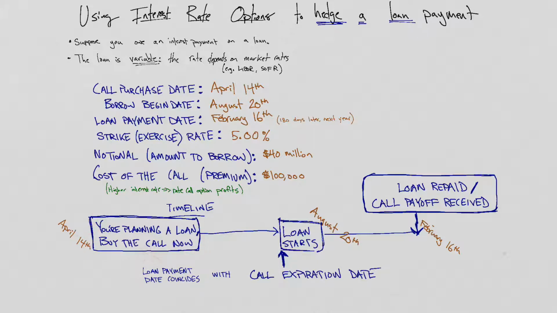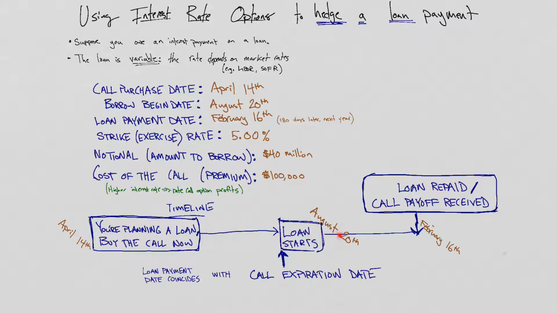And let's say that's April 14th, but you know that your loan doesn't start until August 20th. That's when you're going to select your expiration date. The call expiration date is therefore going to be August 20th as well. And then finally, this is when the loan starts, and then this is when the interest rate gets decided on that loan.